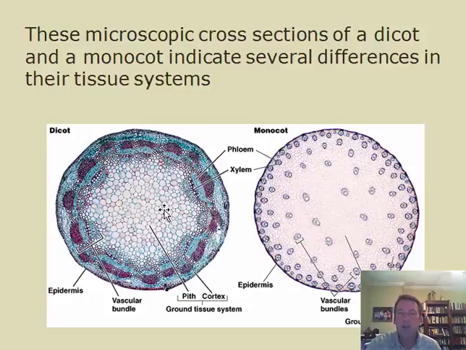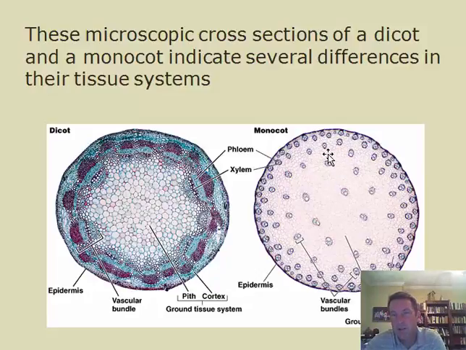Then you have some ground tissue right in the center, referred to as a pith. There is no vascular tissue there, just a pith, and sometimes this will form a hollowing of the stem in the dicots.